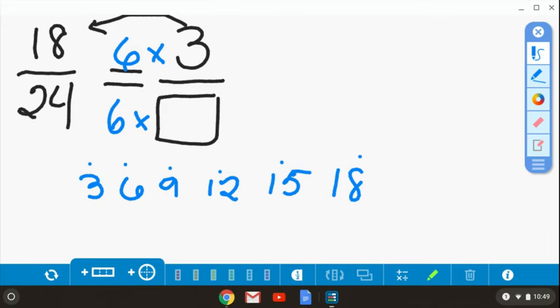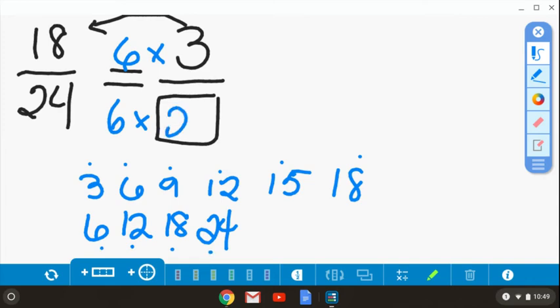Well, now I can write my 6's: 6, 12, 18, 24. Let's see, 1, 2, 3, 4. Oh, yep, that'll work. So that would be a 4. Whoops, that's a sloppy 4. Sorry about that. Let me fix it. Okay, 4. Now it looks good. 3/4.